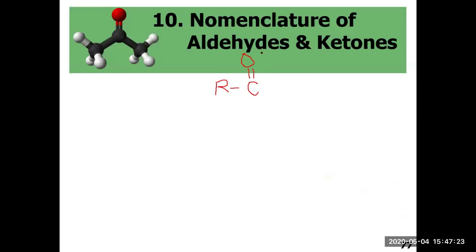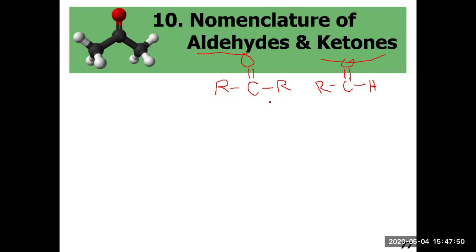So this is an acyl group. Now, if you have another R group bonded to the carbonyl carbon, this is known as a ketone. If, for example, instead of the R group bonded to your carbonyl carbon, you have a hydrogen, then this is what we call an aldehyde.